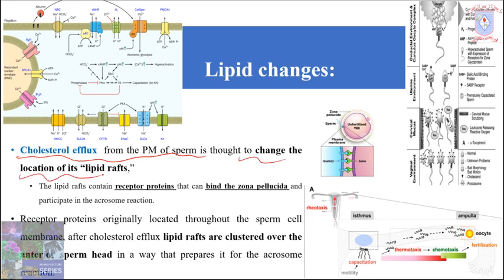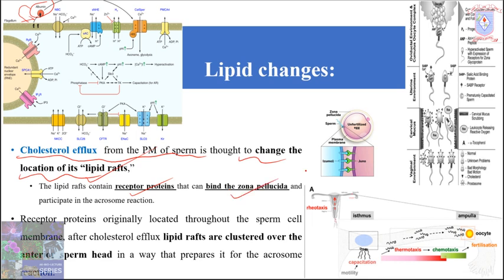So due to the action of albumin, that is the removal of cholesterol, the location of lipid rafts on the plasma membrane of the sperm changes. And the lipid rafts contain the receptor proteins that bind to the zona pellucida of the egg.